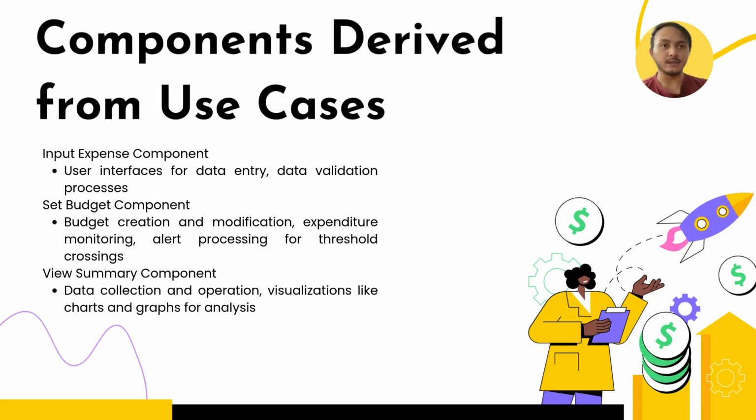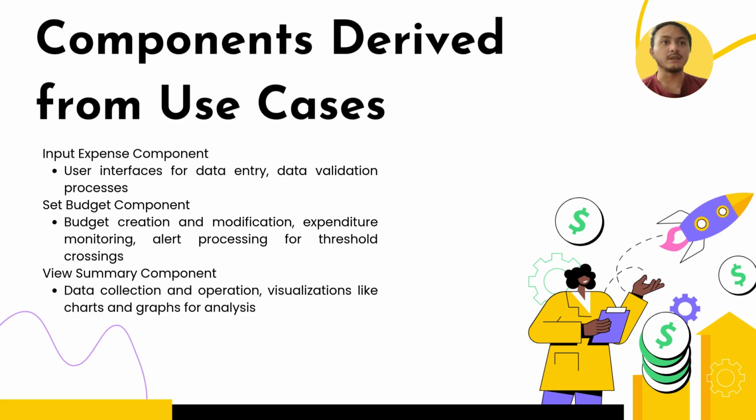For the components that derive from these key use cases, the input expense component is the gateway for data entry, featuring user-friendly input interfaces and robust data validation to ensure accuracy. And the set budget component is vital for managing your finances within set parameters and allows for creation and adjustment of budgets.